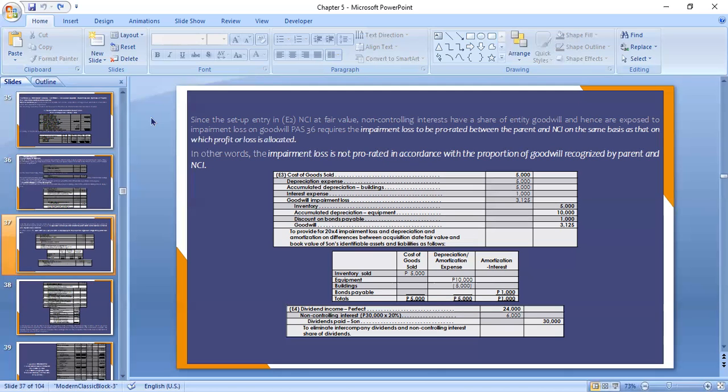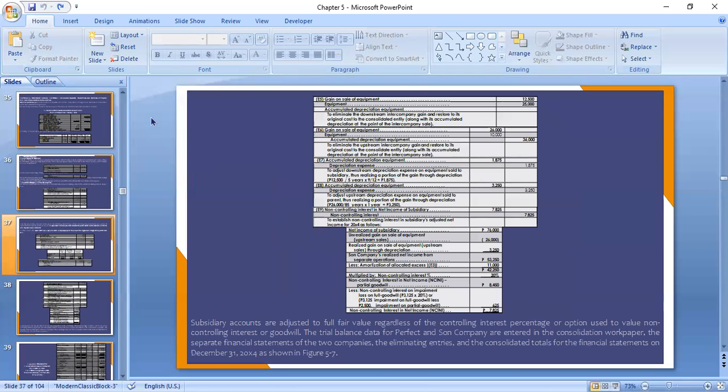Debit to discount on bonds payable 1,000 per year, and debit to goodwill. So the last entry here: debit dividend income, debit to non-controlling interest at 20% of 30,000, and credit to dividends paid of 30,000.